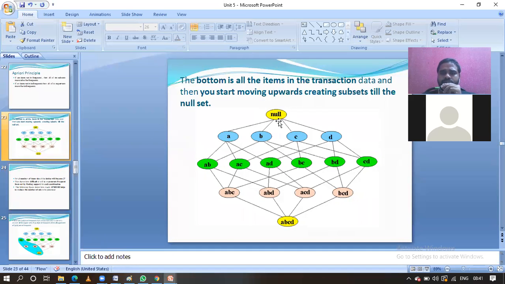If you include the null set also, then the overall size is 2 power D. Here I have taken 4 items, so the lattice size is 2 power 4, that is 16. Observe: 1, 2, 3, 4, 5, 6, 7, 8, 9, 10, 11, 12, 13, 14, 15, 16, overall 16 item sets.